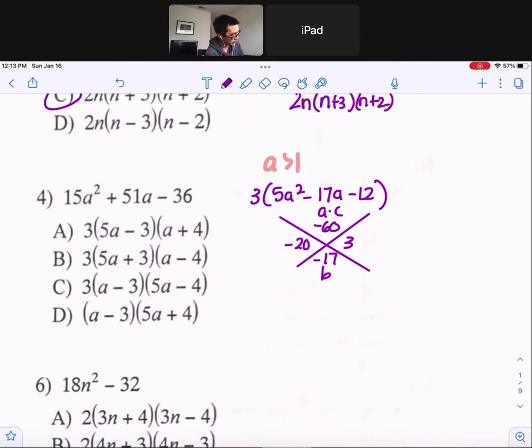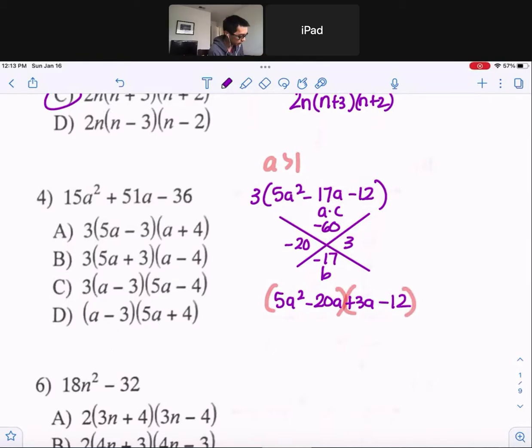3. So remember, first term, the two middle terms, and the last term. Those are the four we're going to draw. Right, so 5a squared minus 20a plus 3a minus 12. So we group the first two and group the last two.